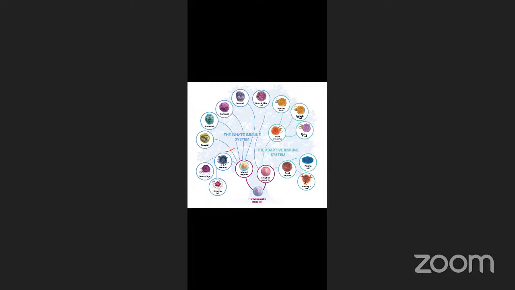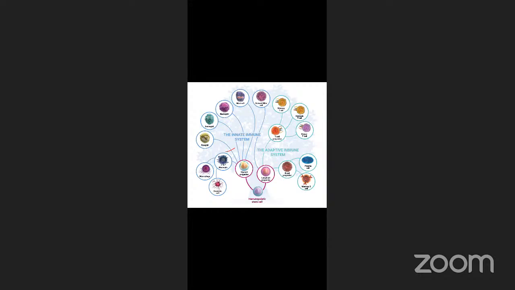And coming to the TC cell, it eliminates the cells that are displaying the foreign antigen complex with MHC molecule 1. Wherever the MHC molecule 1 is there on the surface of the cell, that is our own body cell, the infected cell, this TC cell goes and binds with the MHC molecule 1.